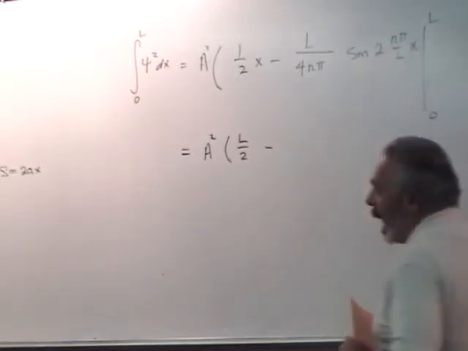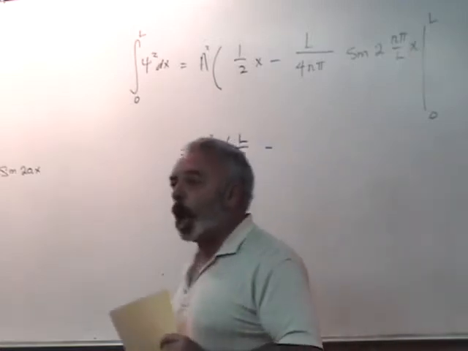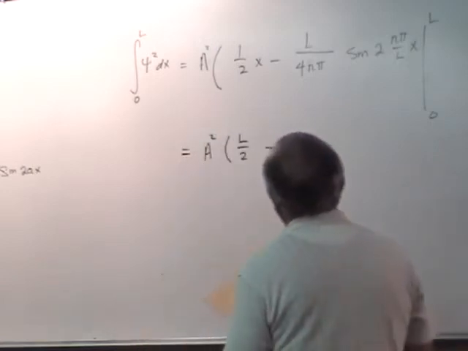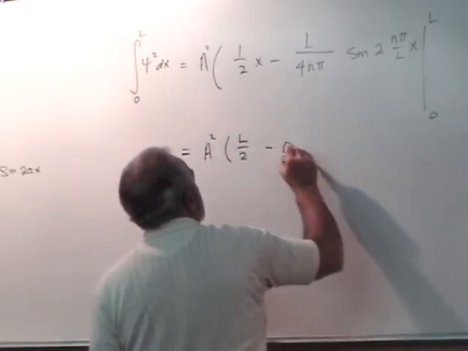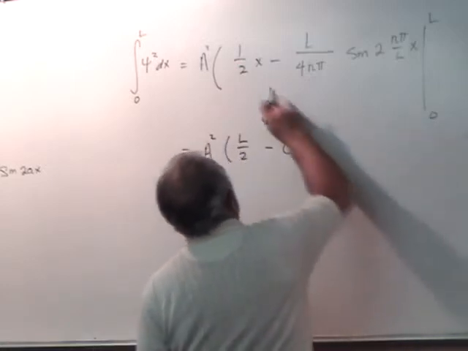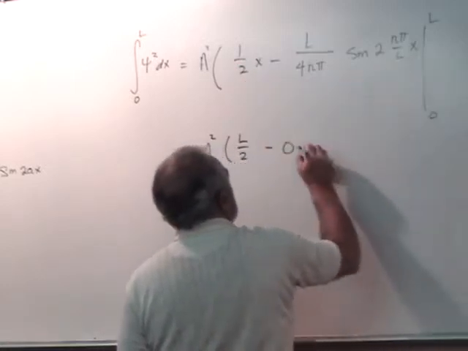But 2n pi, like n pi, is always 0, isn't it? So, minus 0. Then if I put in 0, I get minus 0.